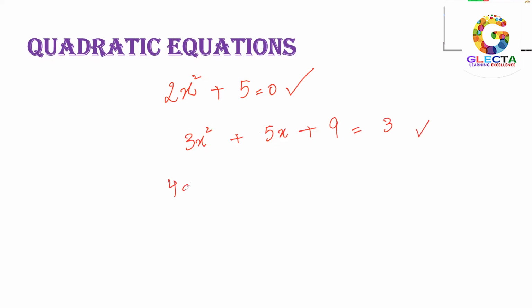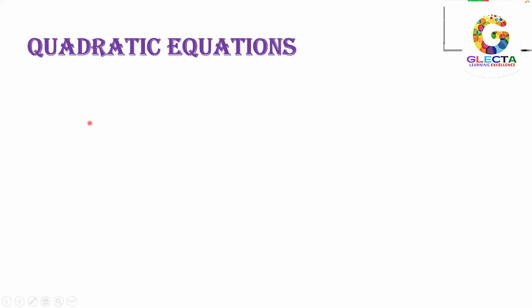But if I write 4x cubed plus 100x squared plus 2x plus 5 equals 0, now this is not a quadratic equation. Why? Because it has an x cubed term in it. All right. The highest power of x should be 2. If it's not equal to 2, then it's not a quadratic equation.